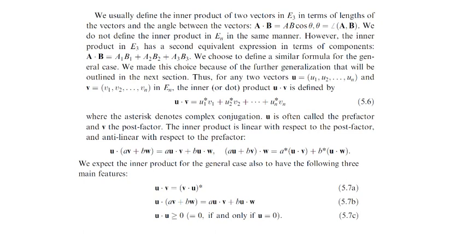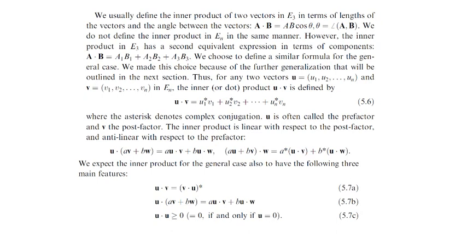Whereas if the scalars were associated with the prefactors, and we have an inner product like this, au plus bv dot w, then this would be like this: a star u dot w plus b star v dot w. See, here there is a mistake. Please read this as v dot w.